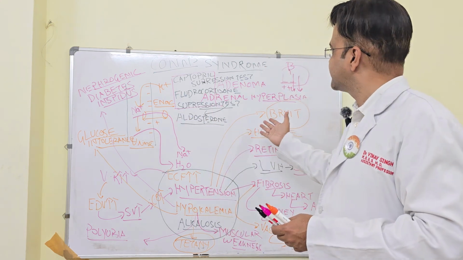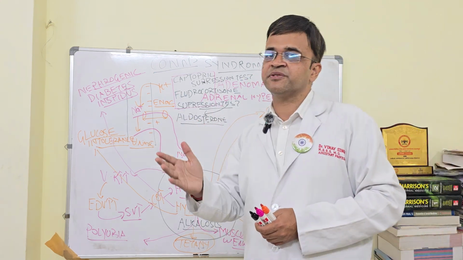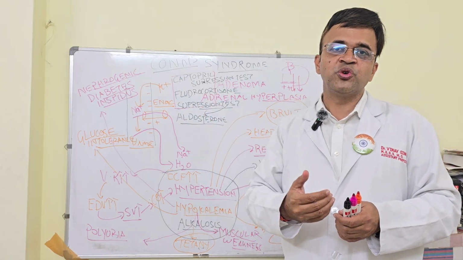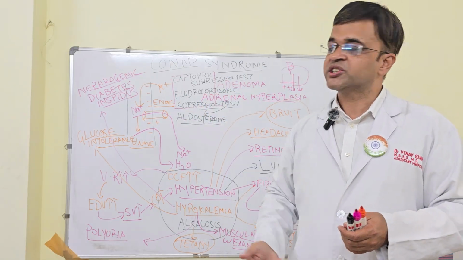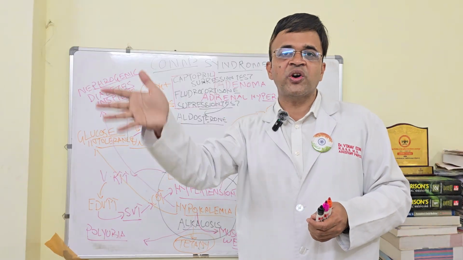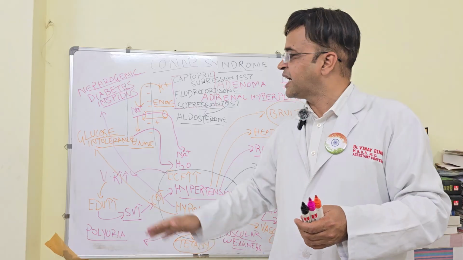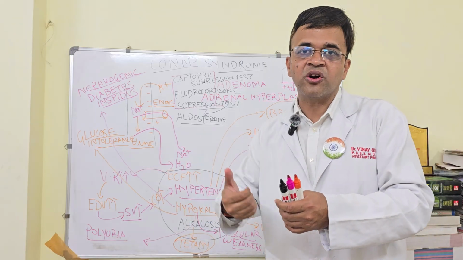So let's sum it up. Conn's syndrome starts with an adenoma or adrenal hyperplasia, which secretes excess aldosterone. This aldosterone acts on our ENaC channels, so a lot of sodium will be absorbed and a lot of water will come along with it.